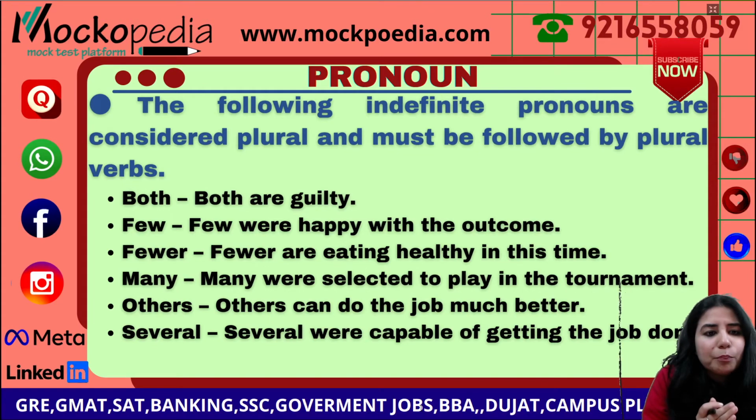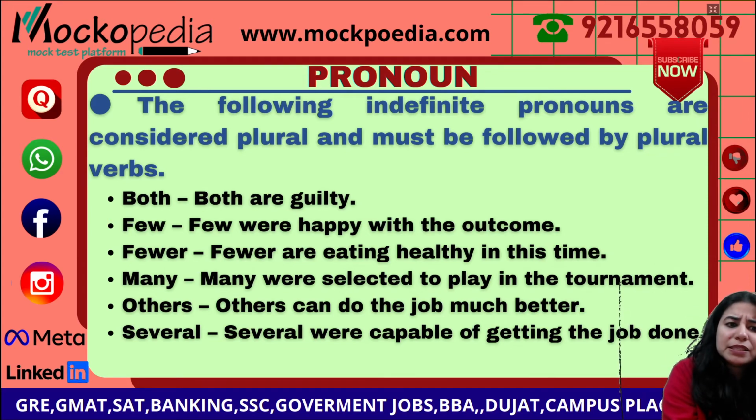So, both, few, fewer, many, others, several, all these are plural indefinite pronouns, and these should be followed by plural verbs. So, here we are talking about the basic fundamental of subject verb agreement, where if the subject is singular, then the verb is singular, and if the subject is plural, then the verb is plural. So when pronouns act as plural subjects, the verb that's going to be considered would be plural in nature.